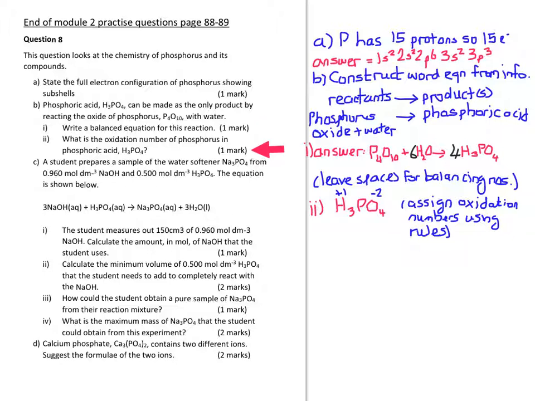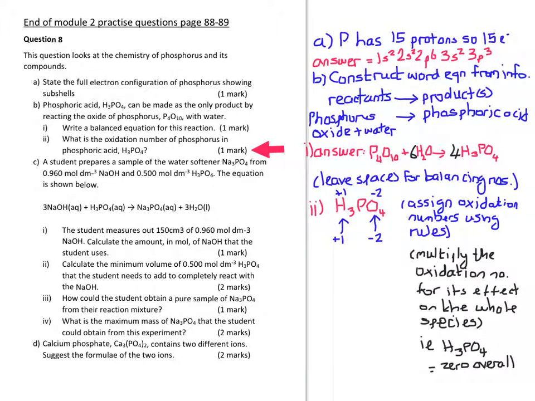So, in this one, they're asking for the oxidation number of phosphorus. If you use the oxidation number rules, you can put in +1 for hydrogen and -2 for oxygen. What you've got to remember with oxidation numbers is you assign them according to each individual atom.